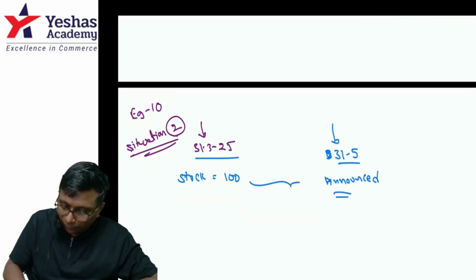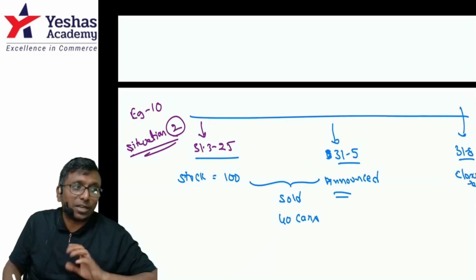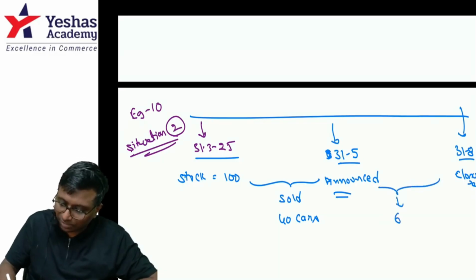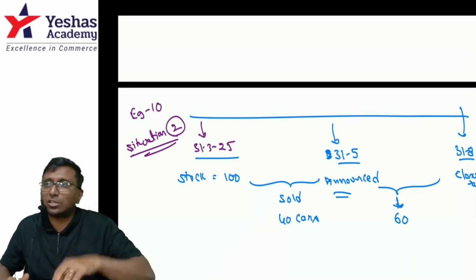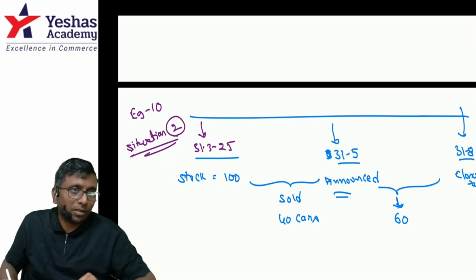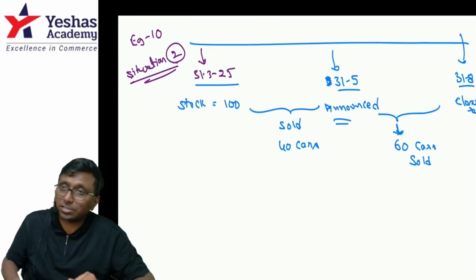If I sold 40 cars in this period, maybe 31st August is my closure of books of account. Now assume you sold 60 as an assumption. The announcement has already happened, and after the announcement the value has fallen down. So 60 cars sold in this period from 31st May to 31st August.